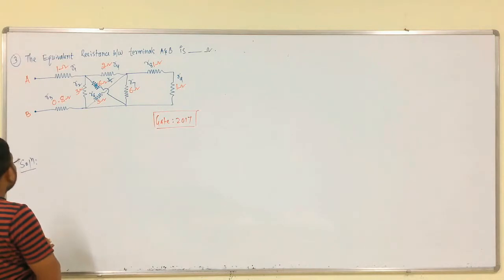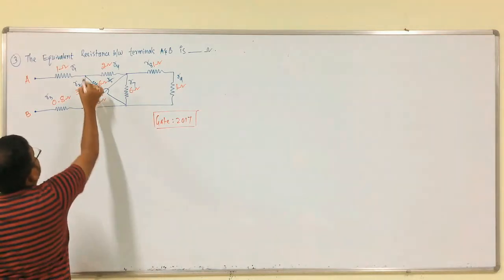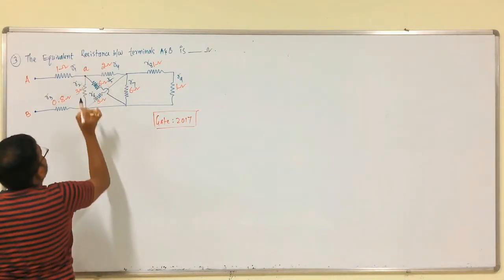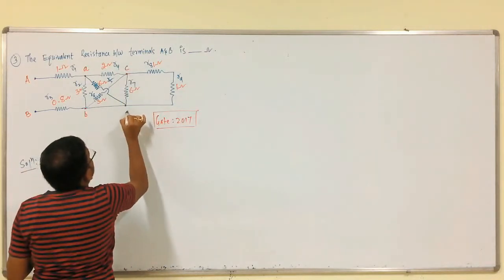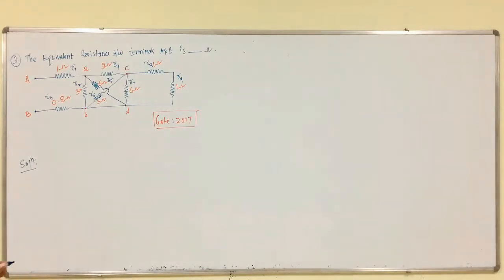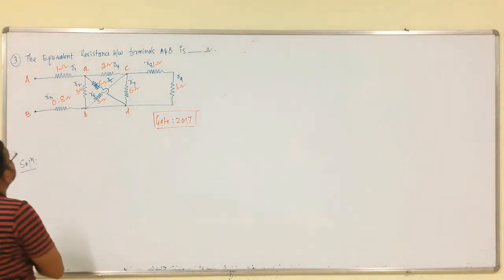See, this node may be A, this is B, this is C, this is D. For better understanding, we have to redraw it like this.